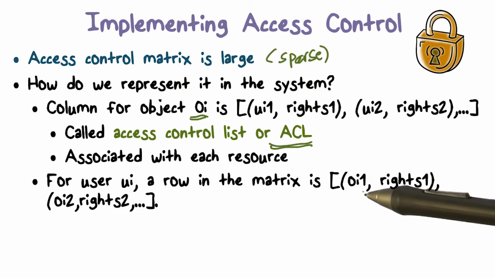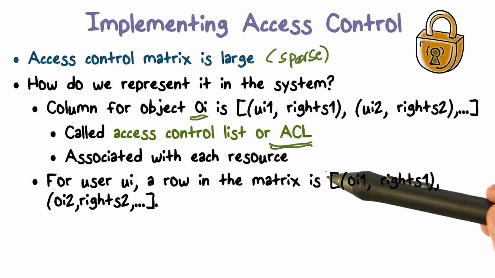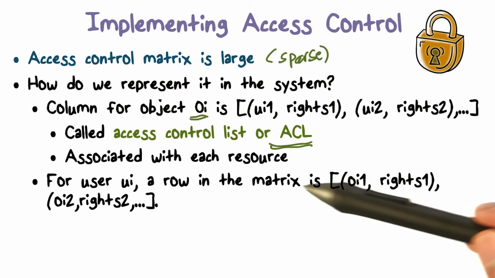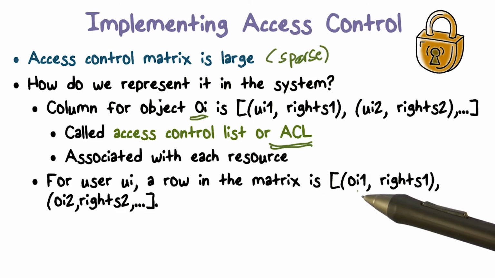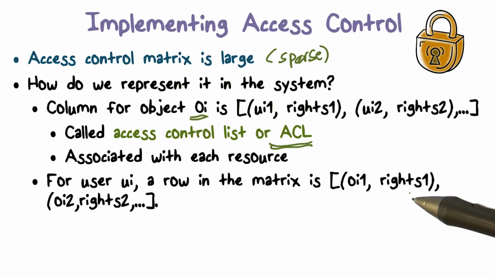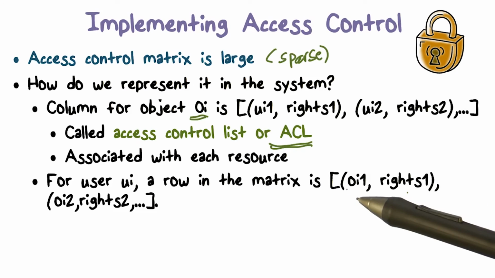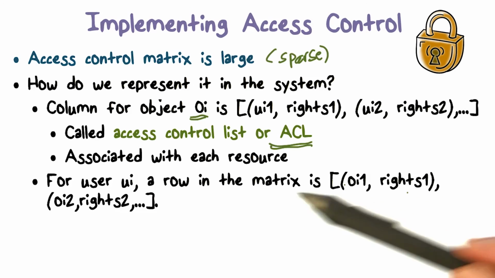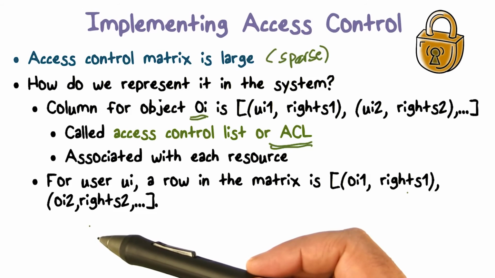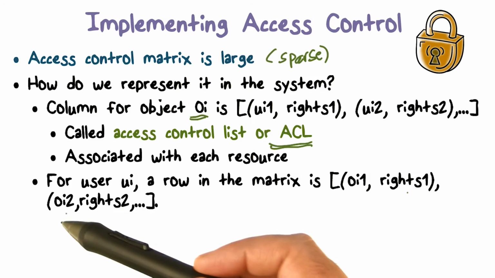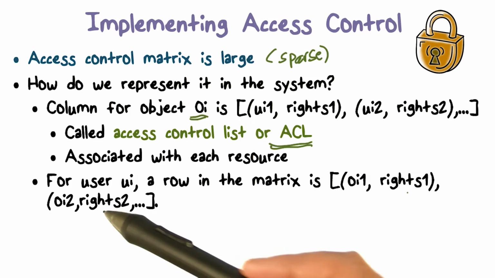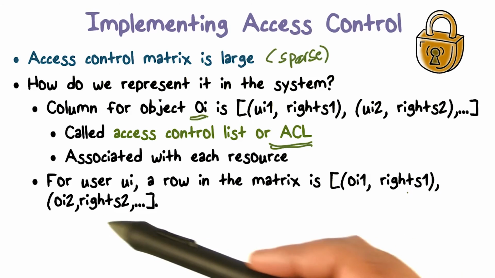The first object we run into for which Ui has access is object Oi1. So the list we're going to generate says that for this given user Ui, we do have access, and these are the access rights for object Oi1. The next object for which this user Ui has access is Oi2, and those access rights are defined by rights 2, and so on.